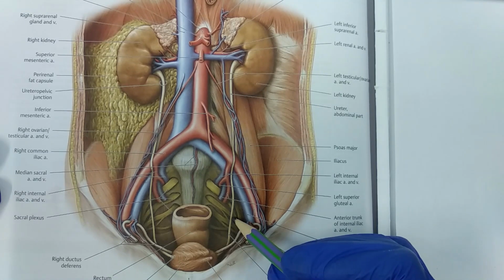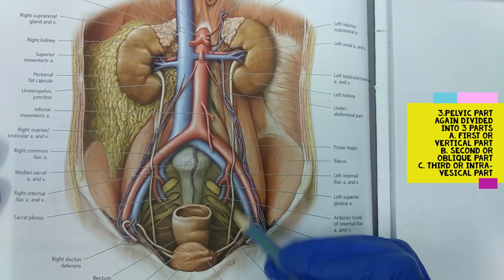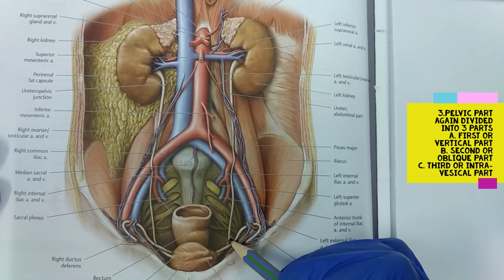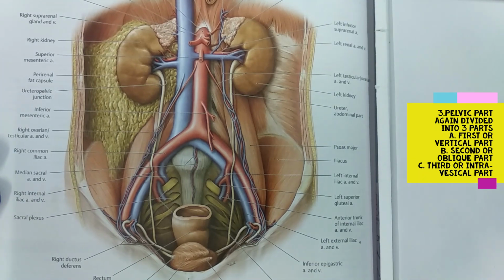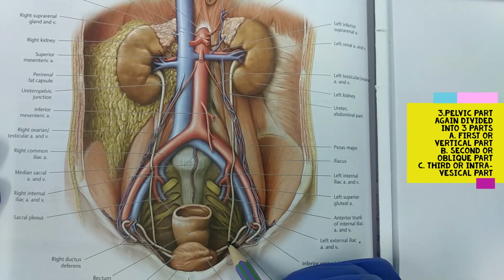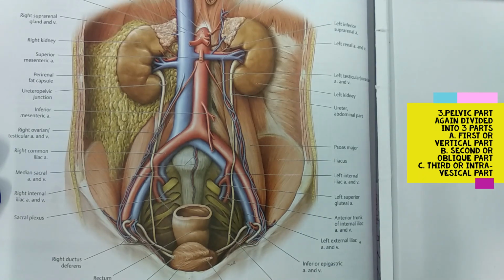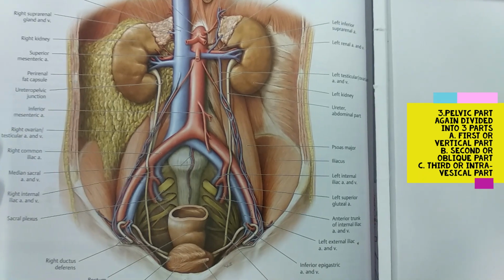This is known as the vertical part of the pelvic part of the ureter. As it is aligned vertically, it is called the vertical part. It runs from crossing the common iliac artery up to the ischial spine.